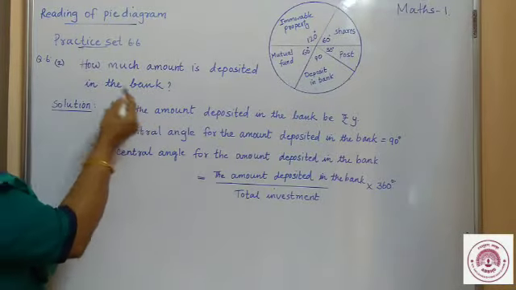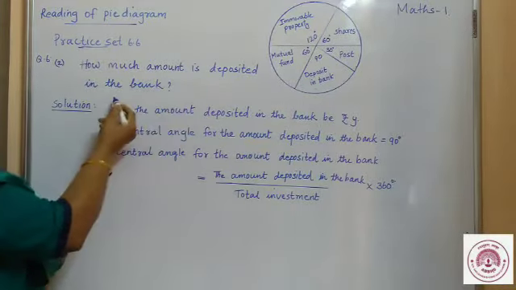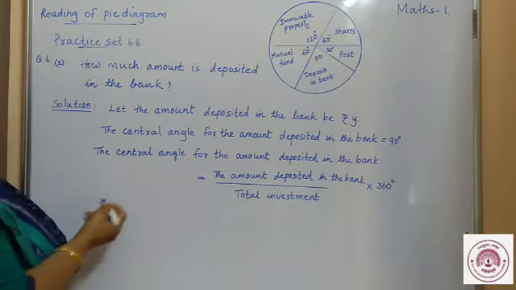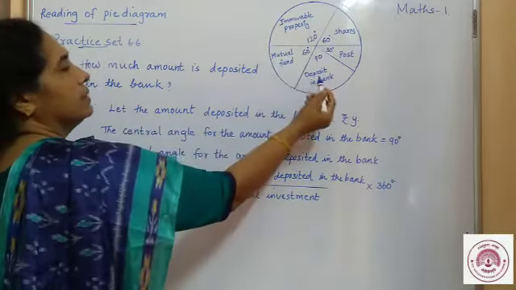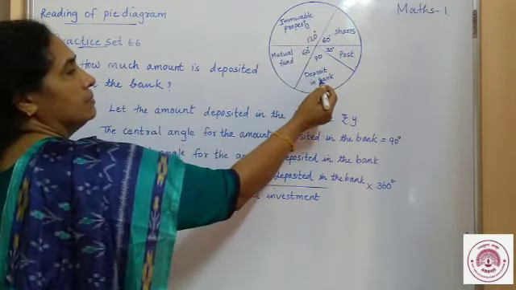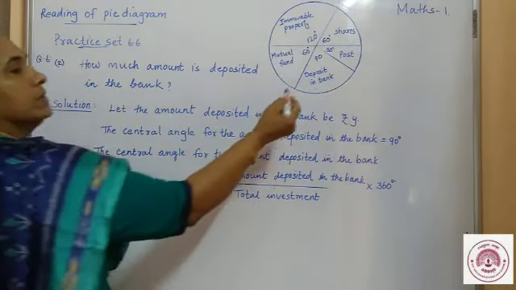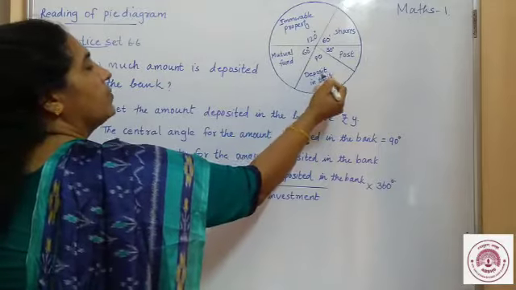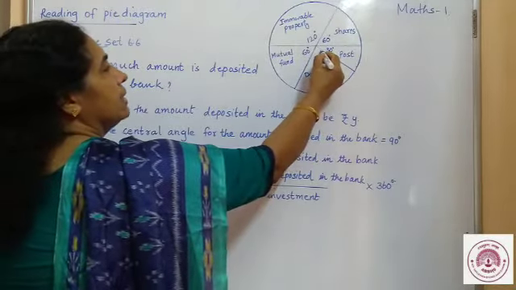Now, second question is, how much amount is deposited in the bank? From the pie diagram, the central angle for the investment deposited in the bank is 90 degree.